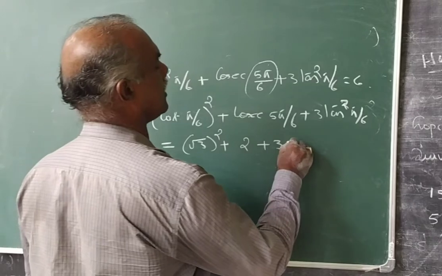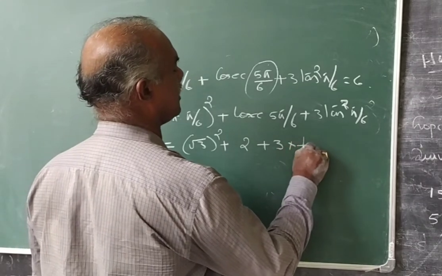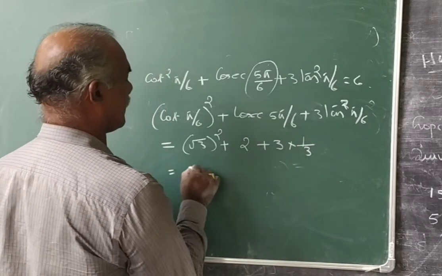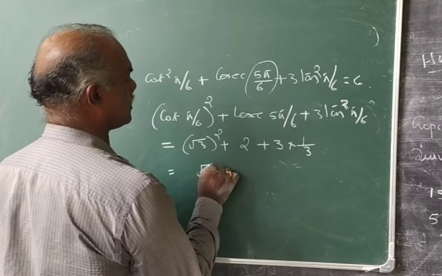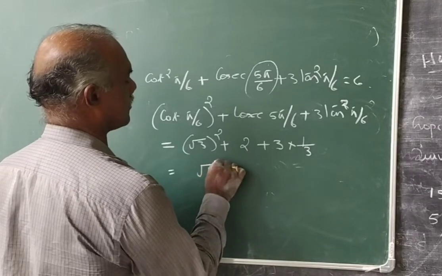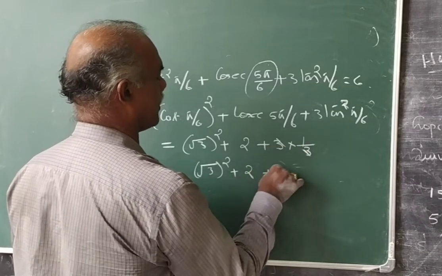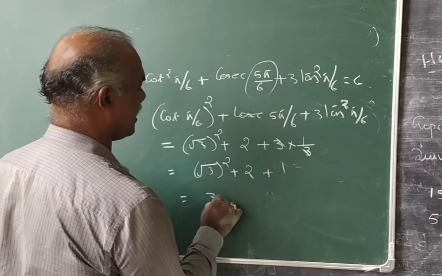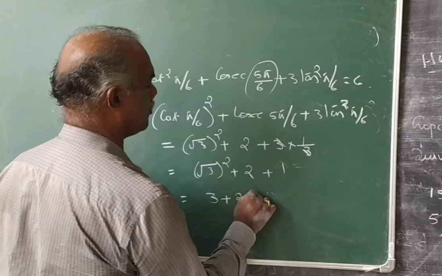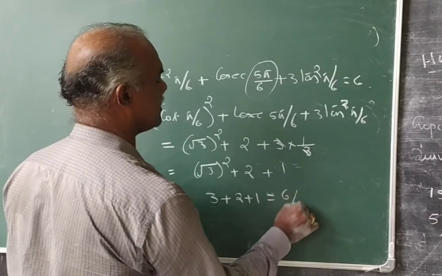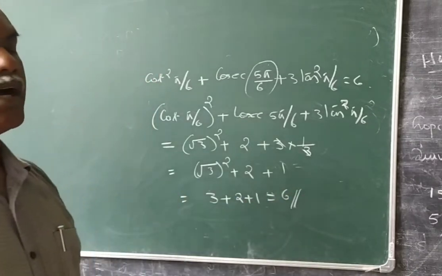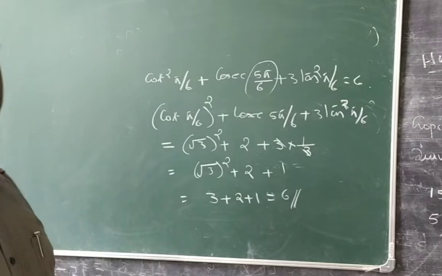Its square is 1 by 3. So this is equal to root 3 square plus 2 plus 1, which is 3 plus 2 plus 1, that is 6, which is the RHS.